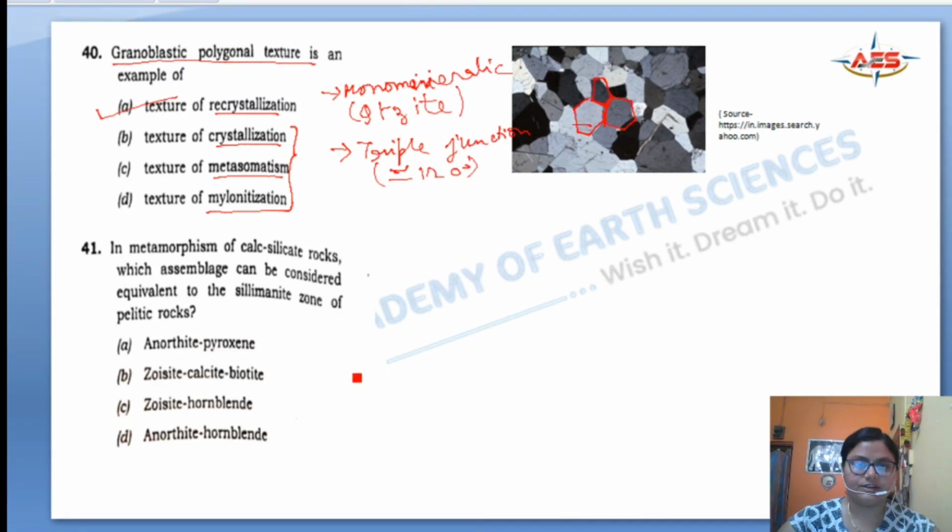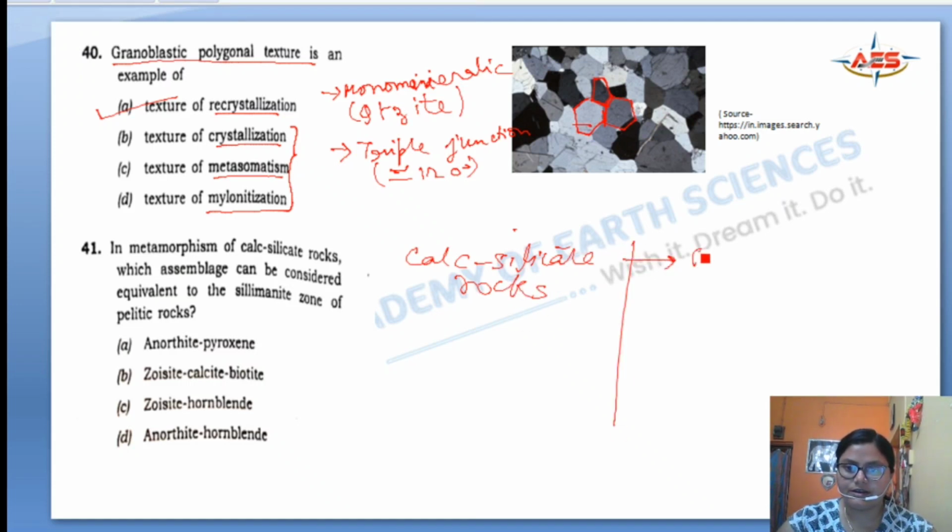Next, question number 41. In metamorphism of calc-silicate rocks, which assemblage can be considered equivalent to the sillimanite zone of pelitic rock? Okay, for the calc-silicate rock, which mineral assemblage is equivalent to the pelitic rock?